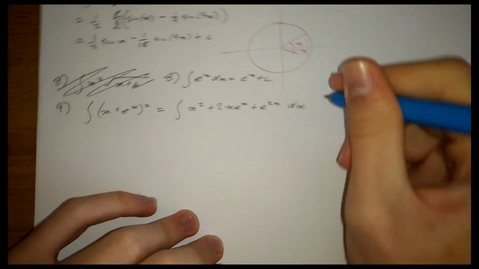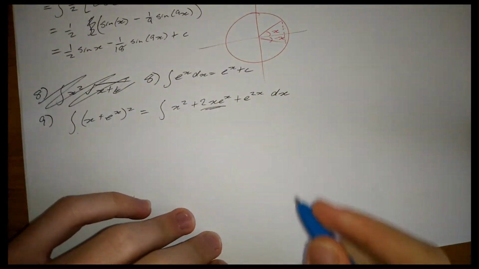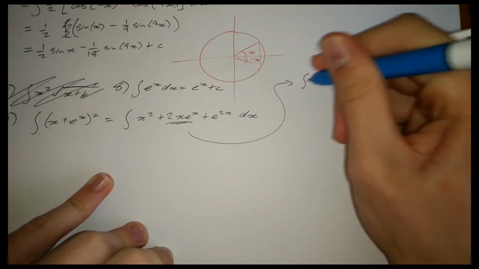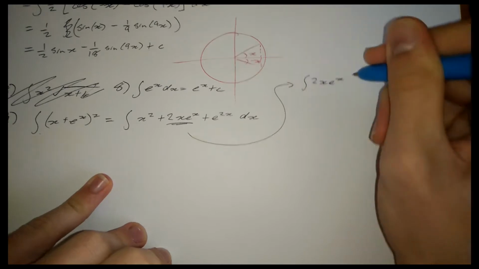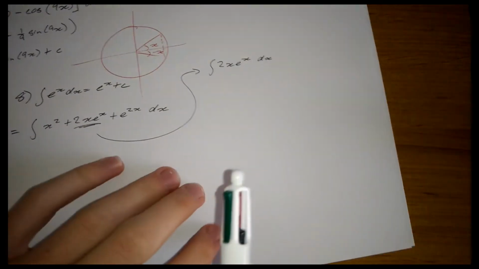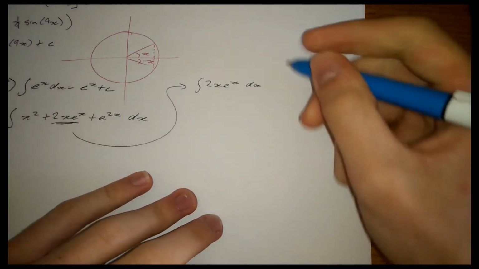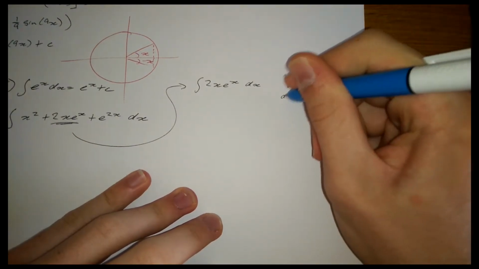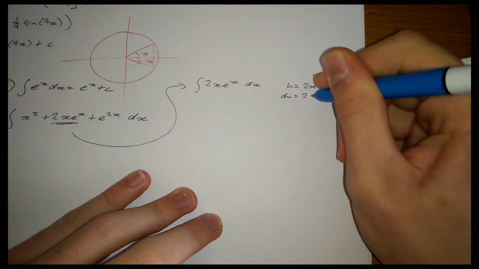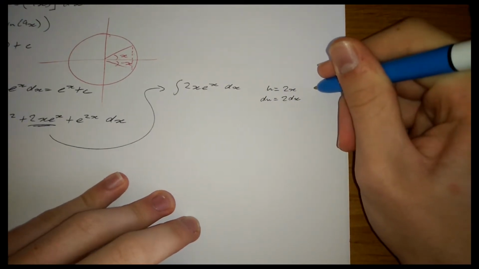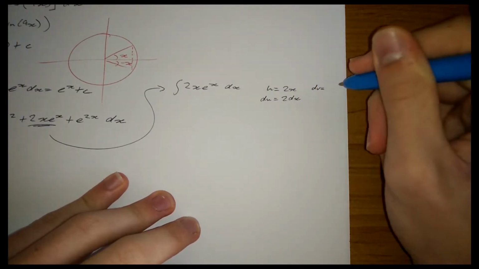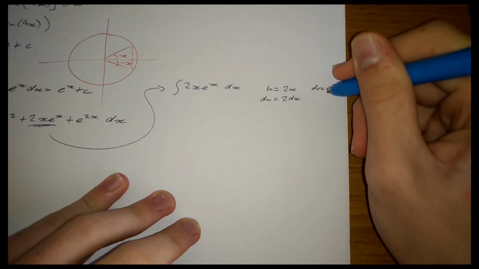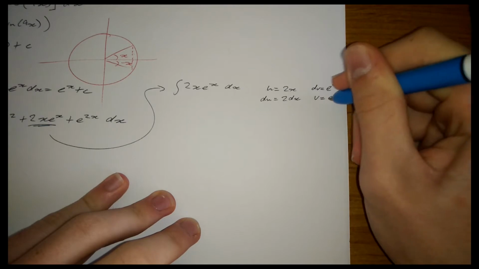So if we integrate with respect to x, well, this one is a bit problematic, but let's just work with this for a second. The integral of 2x e to the x dx, let's just do this integration by parts. So let's say u equals 2x, therefore du equals 2 dx. And let the derivative of v be e to the x, so therefore v is just e to the x.